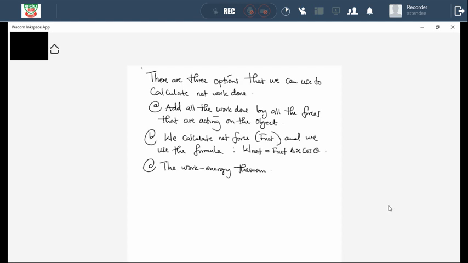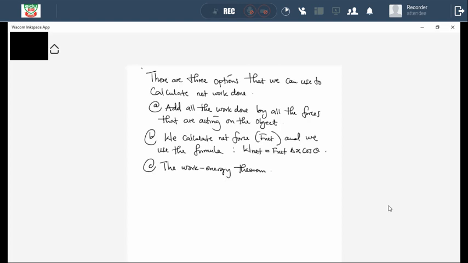So the formula for the work energy theorem, if you look at the term itself, work energy theorem, it's a combination of two things: work, that gives us our net work done, and then energy, which gives us the change in kinetic. So there are two things we are equating here. Remember, when we started the topic, I also said work done is equal to energy transferred, right?